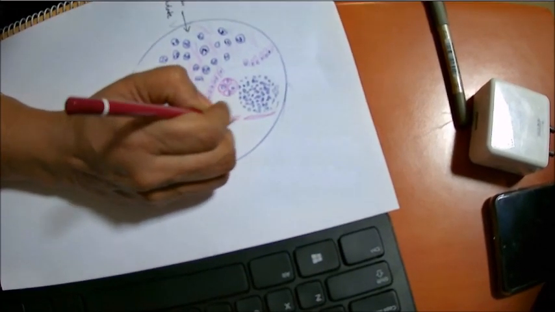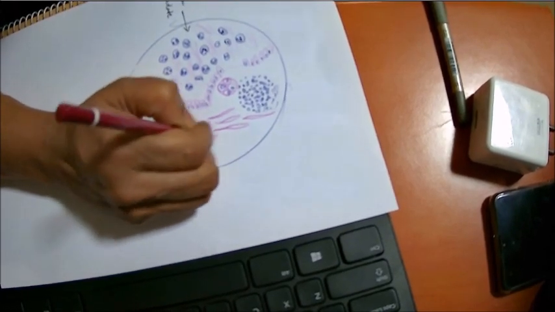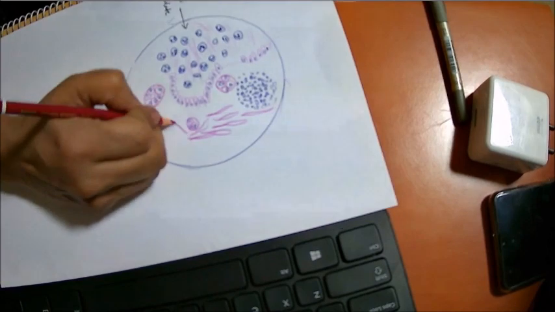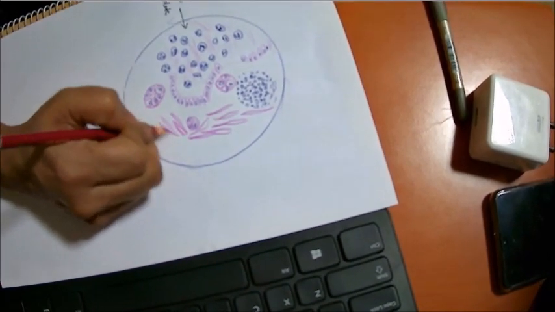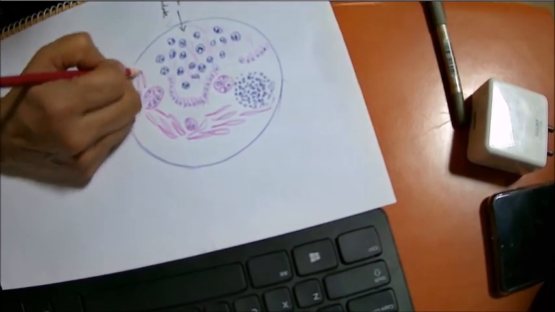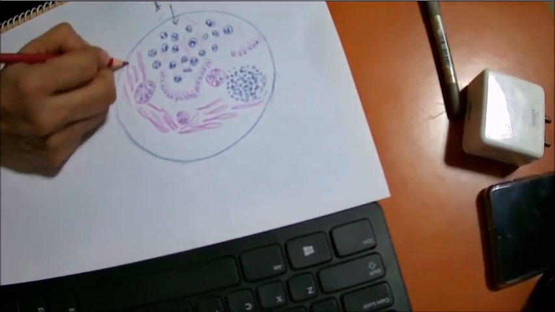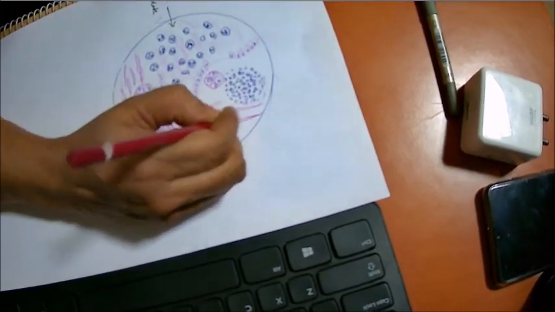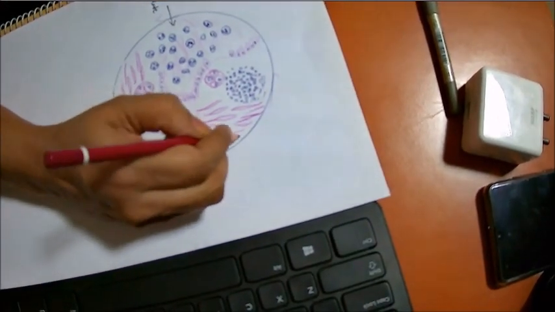Now, the next layer is the muscularis propria. So, inner circular, outer longitudinal. I'm just drawing smooth muscles here. A lot of space is left between because of the edema and the inflammatory cells, exudate, which is separating the muscle bundles.